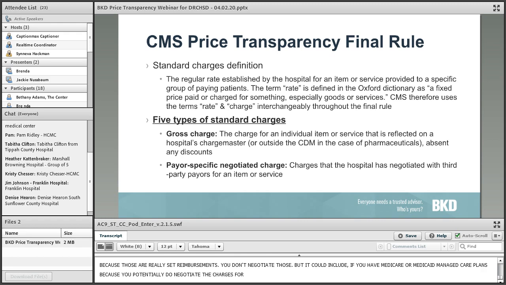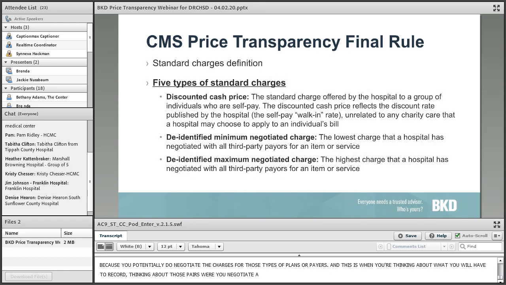You don't negotiate those. But it could include Medicare or Medicaid managed care plans, because you potentially do negotiate the charges for those type of plans or payers. So again, when you're thinking about what you will have to report, think about those payers where you negotiate a rate.